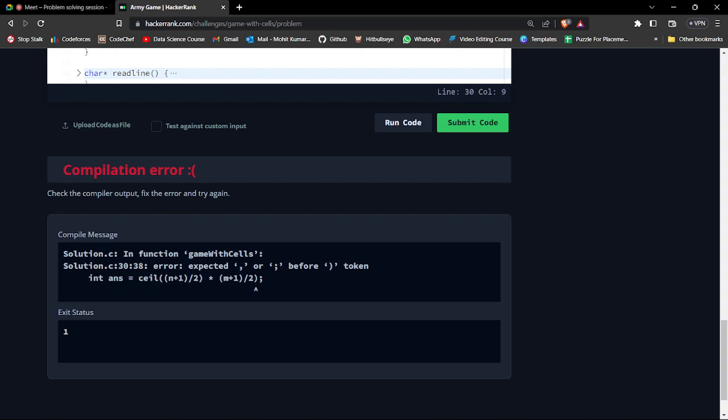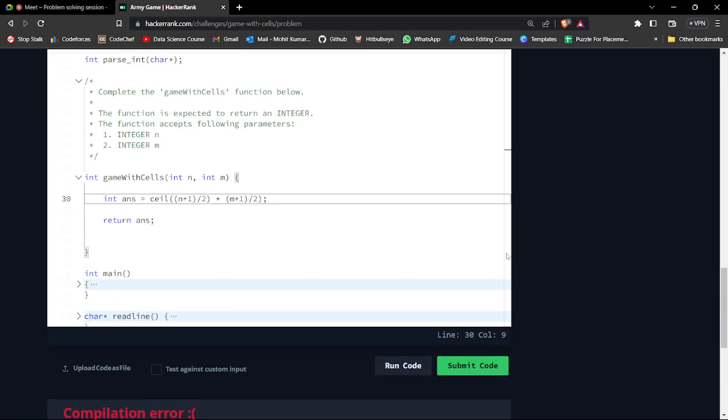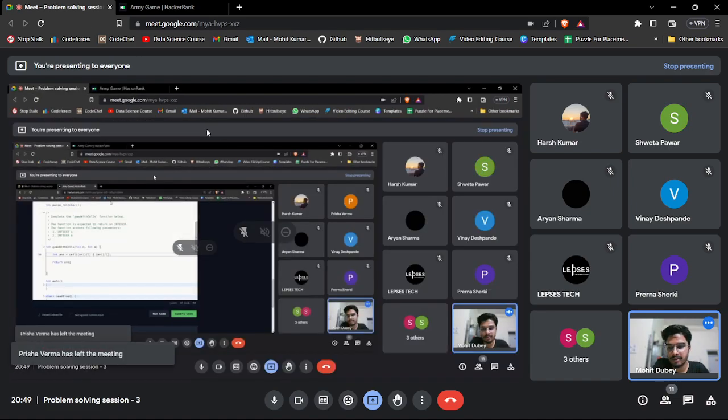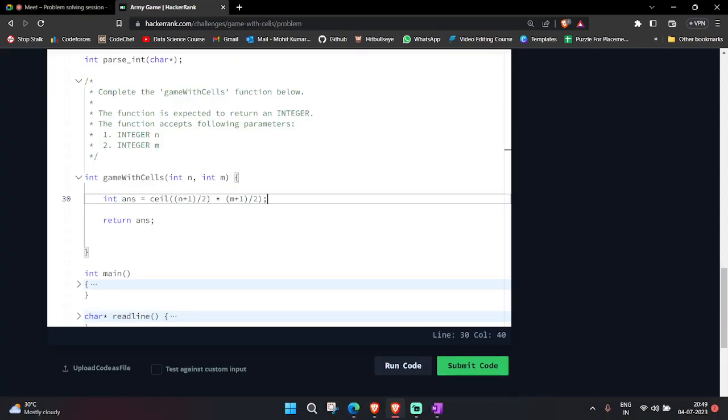See, in the error: expected comma where? Can anyone look at this? What's happening? I don't know. Can anyone tell me what's wrong here?